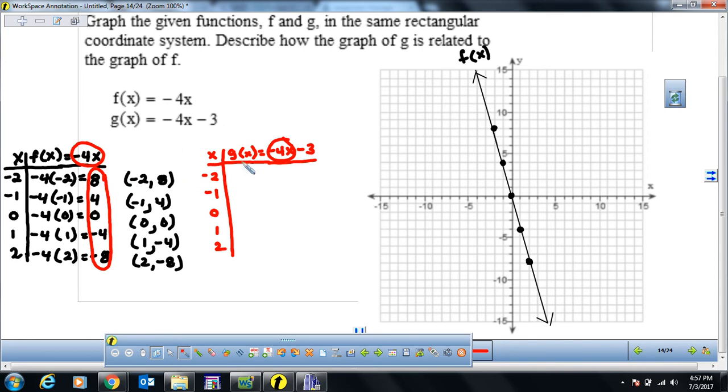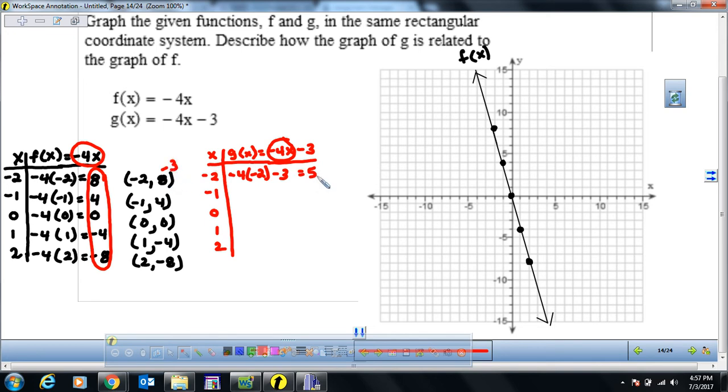In this case, if I substitute, for example, the negative 2 again right here, and then we do the minus 3, negative 4 times negative 2 gives you 8, but then minus 3, that's going to give you 5. Wouldn't it be the same thing as if I just do a minus 3 right here? That will still give me that 5, right? So that will give you the point negative 2, comma 5.